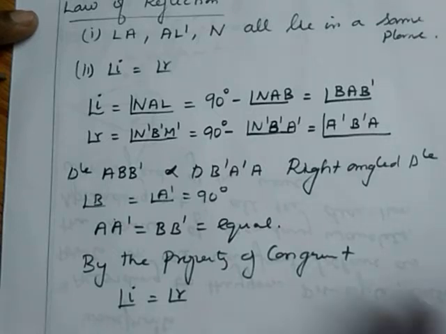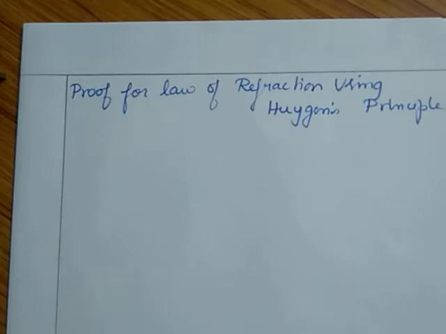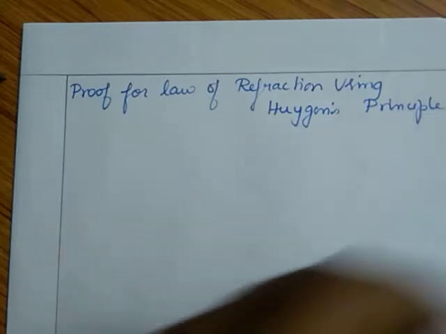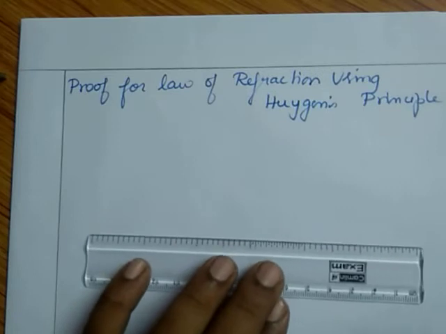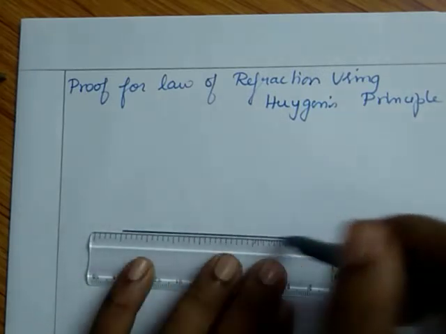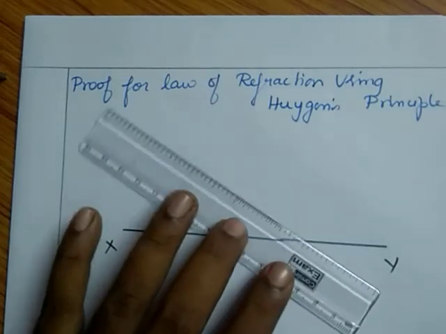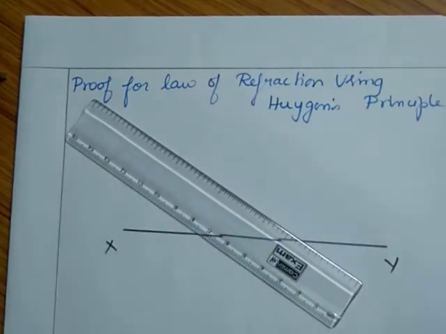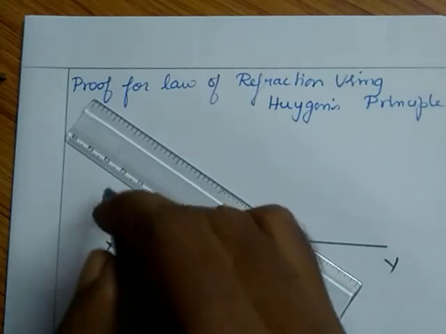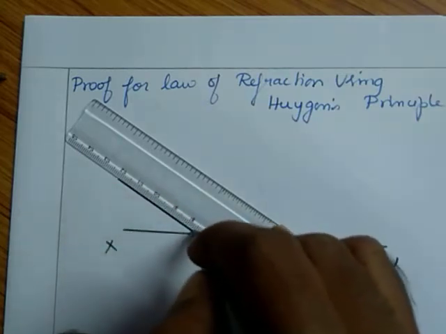Then let me see the law of refraction by using Huygens principle. Our next topic is the proof for the law of refraction using Huygens principle. For that, first of all I consider a refracting surface named XY. Here a parallel beam of light falls on that refracting surface.